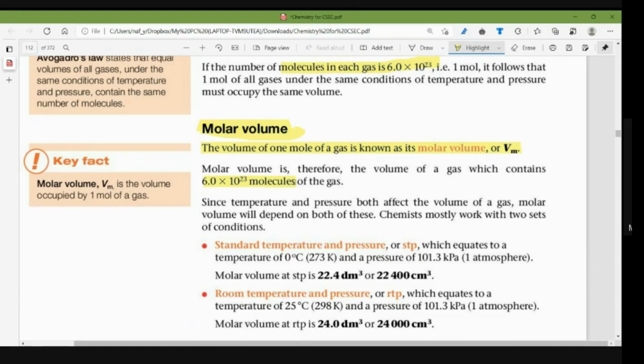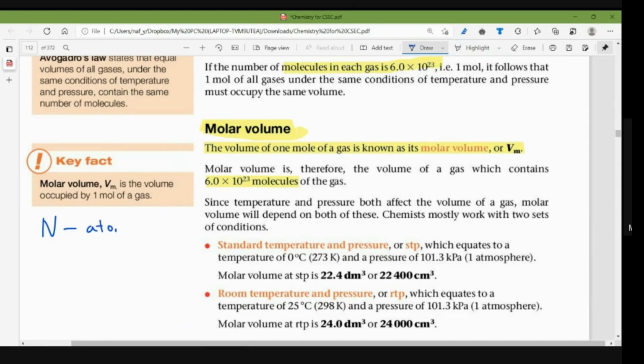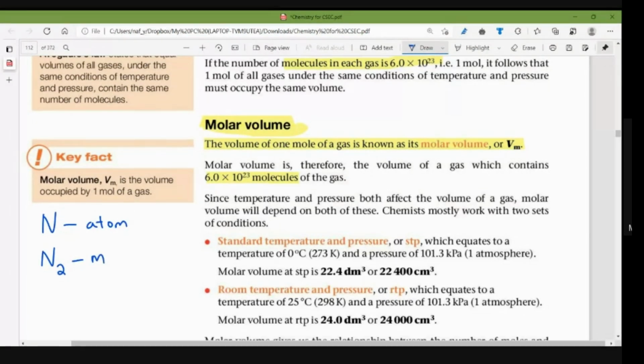Bear in mind, ladies, we are talking about molecules. In chemistry we have atoms. Let's look at nitrogen. For the nitrogen atom, I write it as N only. But when I speak about my nitrogen molecule or nitrogen gas, the formula changes. It becomes a diatomic molecule, and so I have to write N2.